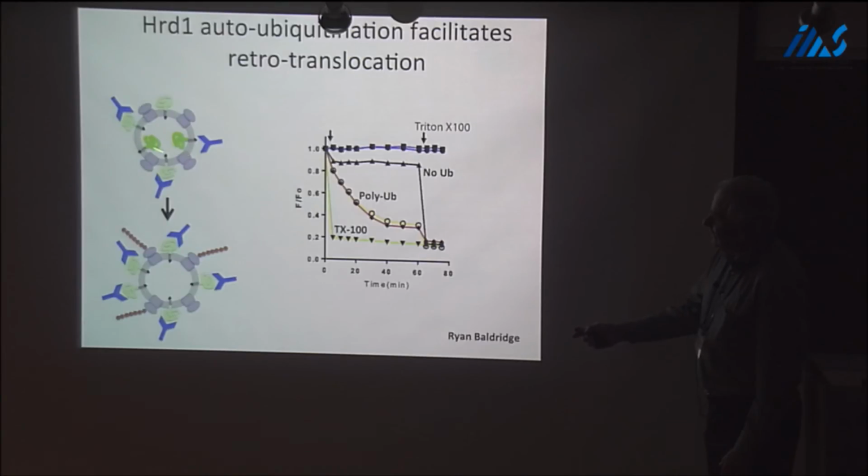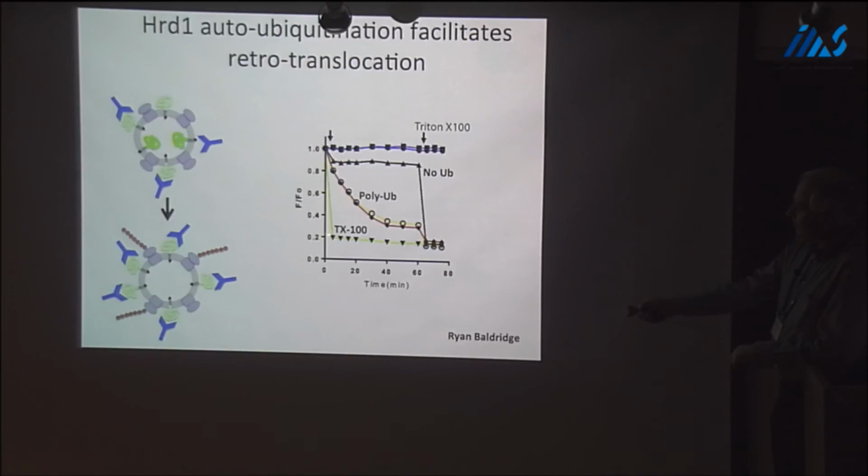But the large domains on the inside will not be touched by the antibody unless they move across the membrane and become accessible to the antibody. And this is shown here. So when you do the polyubiquitination reaction, you see that this domain moves to the outside and becomes increasingly accessible for the quenching reaction.